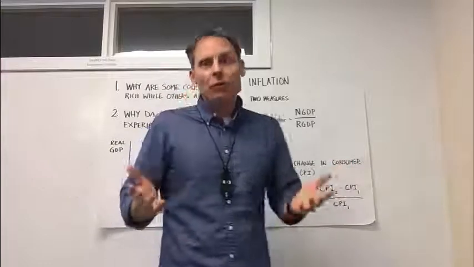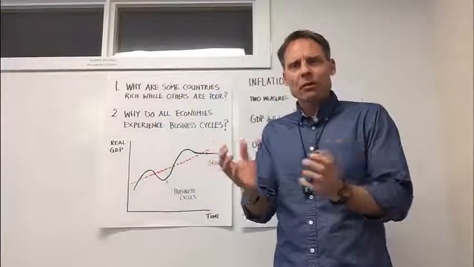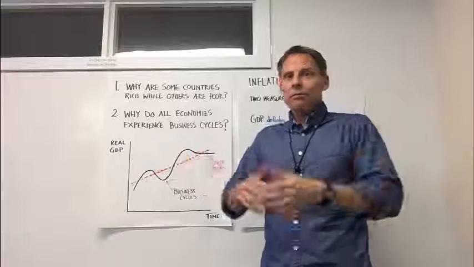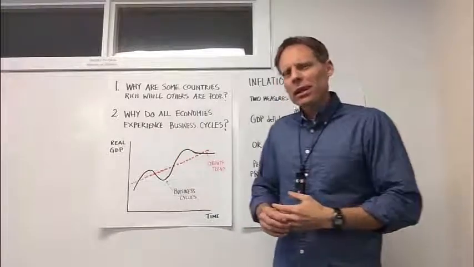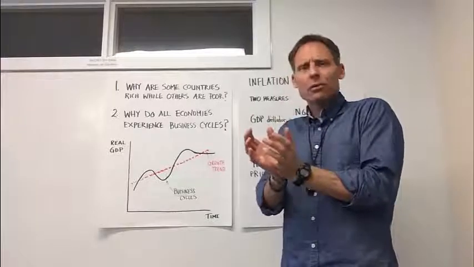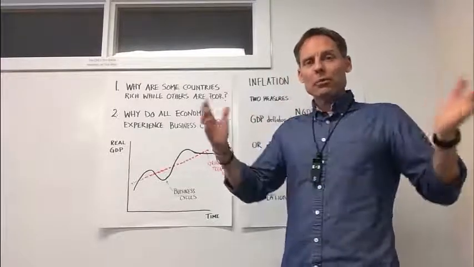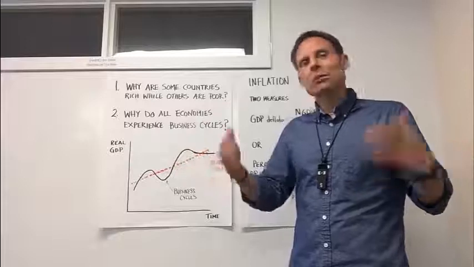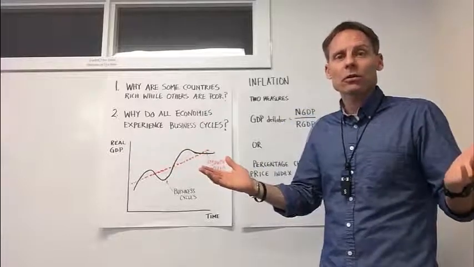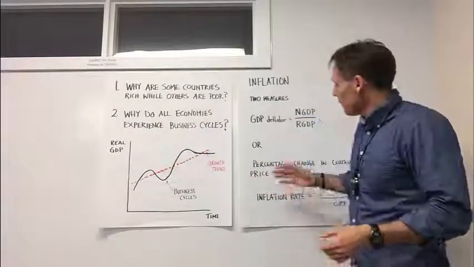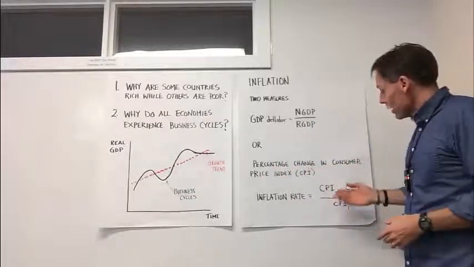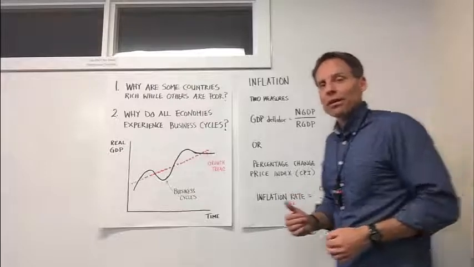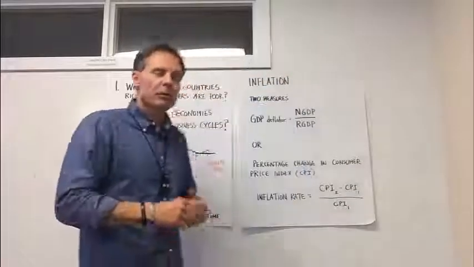But when you look at a household, they only consume a subset of that universe of goods and services. So what we want to do is look at maybe what does a typical household consume. So we can create a basket of goods and services that most households will consume, something like that. And then we use that to calculate the consumer price index. And then once we have the CPI, we can calculate the rate of inflation as well. So this is the way we're going to be doing it.